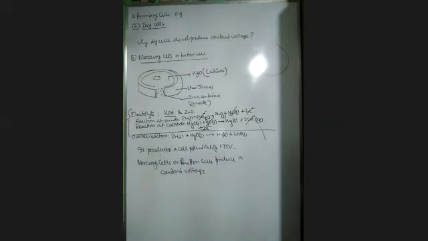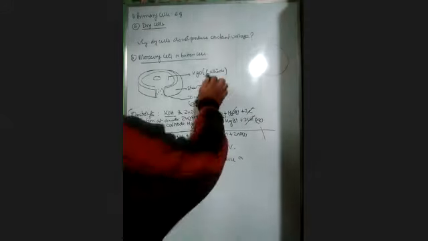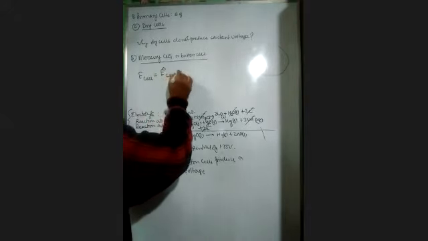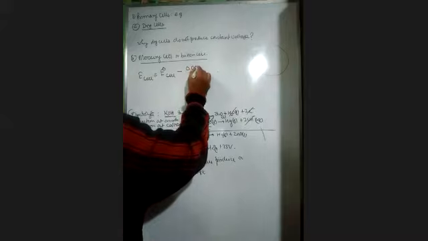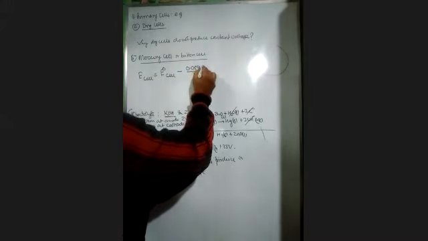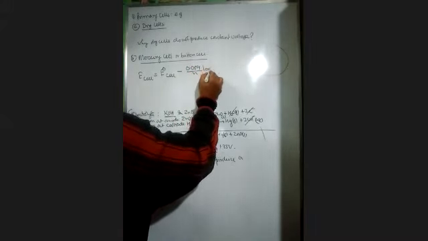Why? We'll explain through our Nernst equation. See, the Nernst equation says what? E cell is equal to E0 cell minus 0.059 by n log Kc.